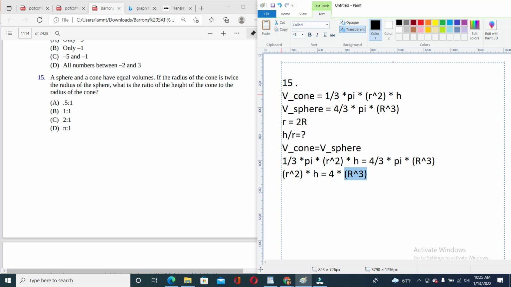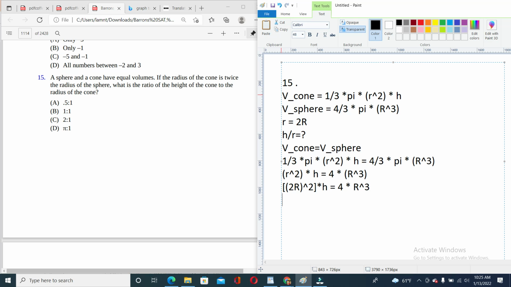So we can replace this small r here with 2 big R. So it's going to be 2 big R all squared times h equal to 4 big R cubed, right?